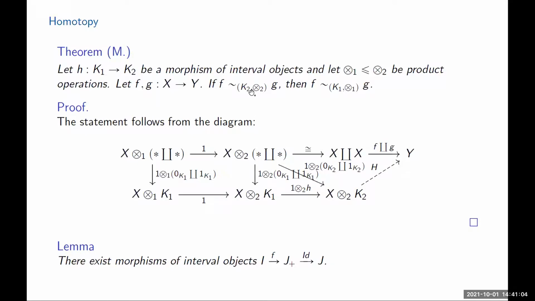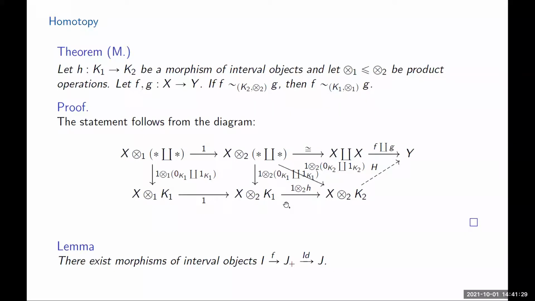So for example, suppose you start with two maps that are K2 tensor 2 homotopic. You have this space here, and then you have the cylinder object here, and you can extend the map here. Because this product is finer than this one, you have this natural transformation, this square.